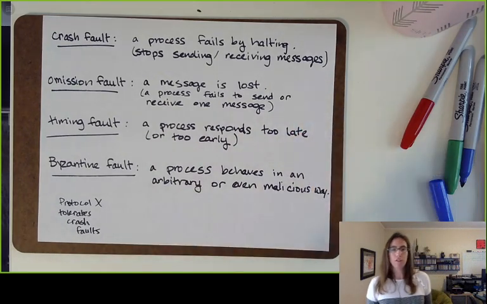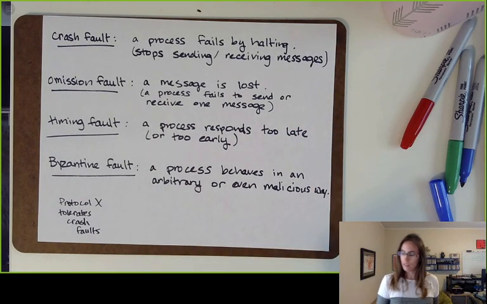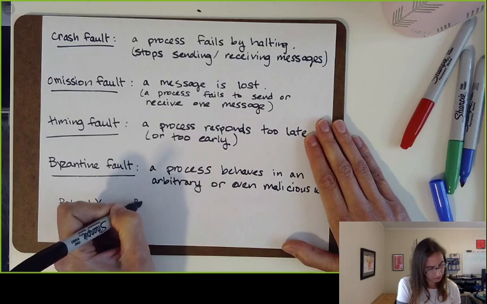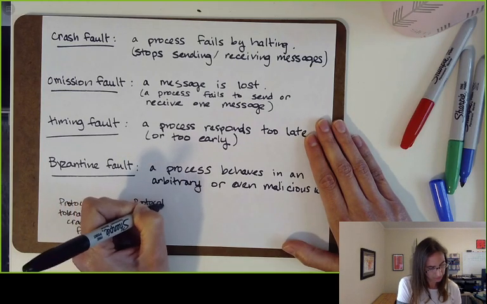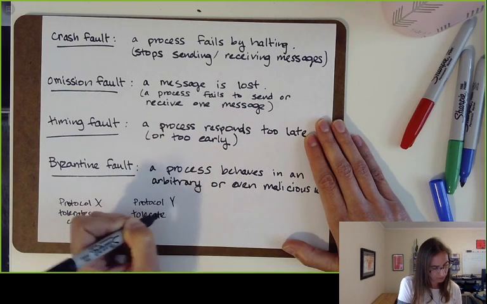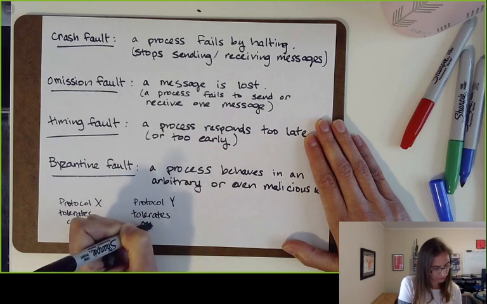And let's say that we have another protocol called protocol Y, and protocol Y implements the same behavior as protocol X, but we're going to say protocol Y tolerates omission faults.